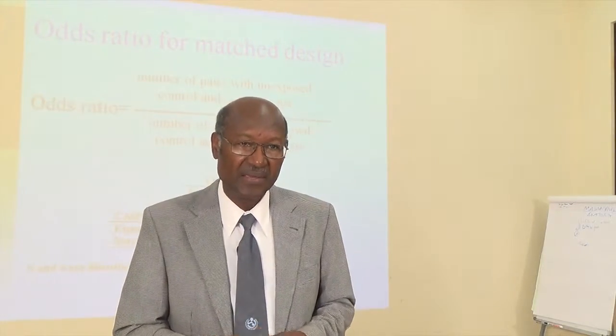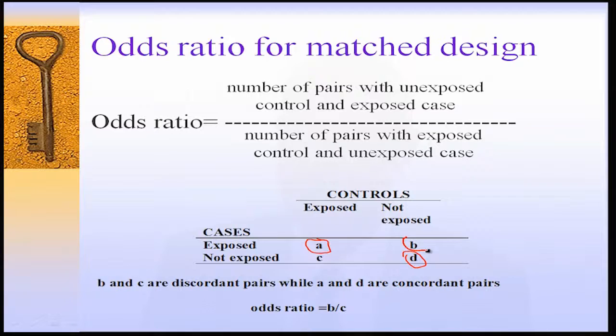The table also shows B, which is a situation where the control is not exposed and the case is exposed. And C, which represents a pair in which the control is exposed and the case is not exposed. These are called discordant pairs. The discordant pairs are the ones which are going to be used in the calculation of the odds ratio.